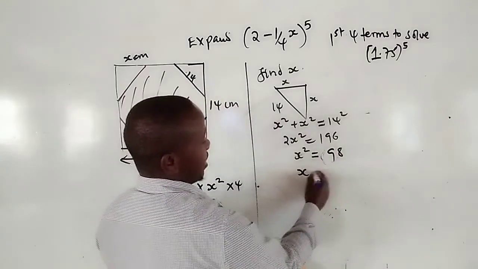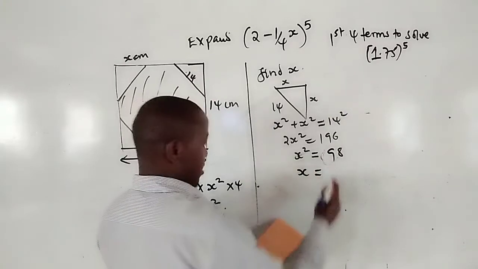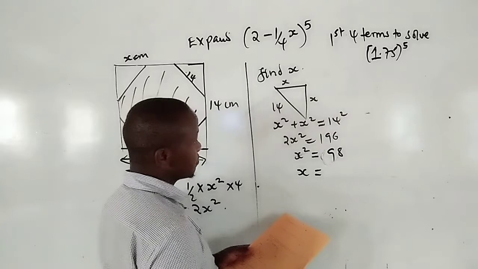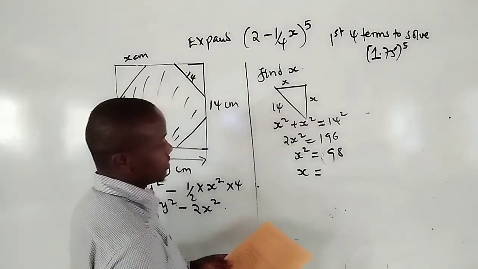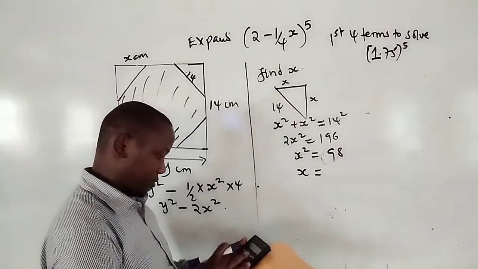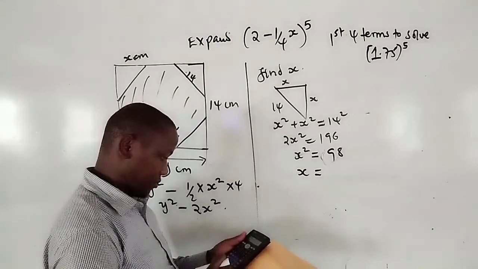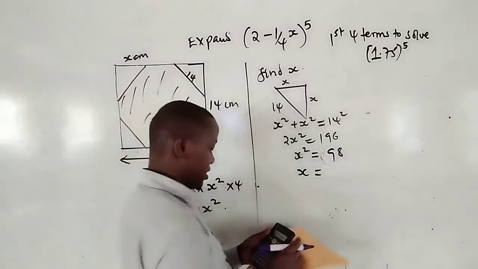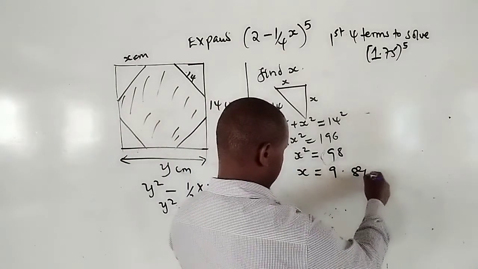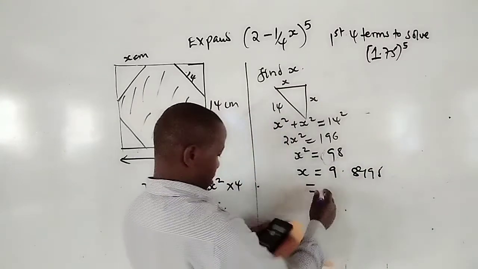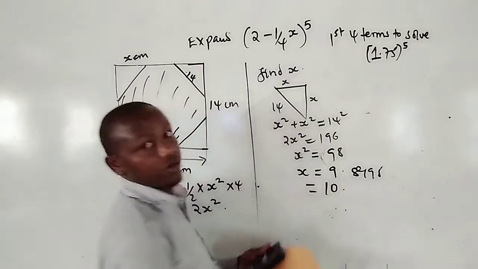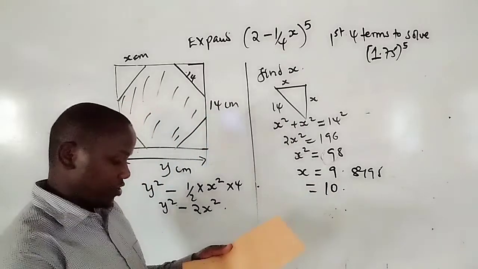So x is the square root of 98, which is 9.8985. Then to one significant figure, that is just 10.